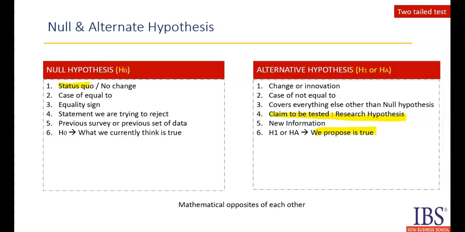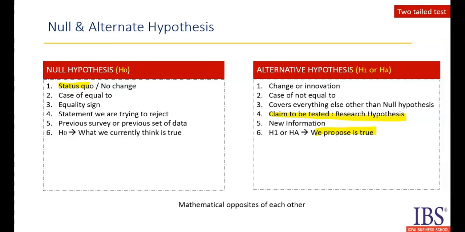Let's understand this with an example from today's situation. It is currently accepted that people who exercise live longer, but tomorrow, if I come with new information that it is not exercise but entirely a person's genetic structure that determines longevity, so we test our alternate hypothesis by doing some tests and find it to be correct.